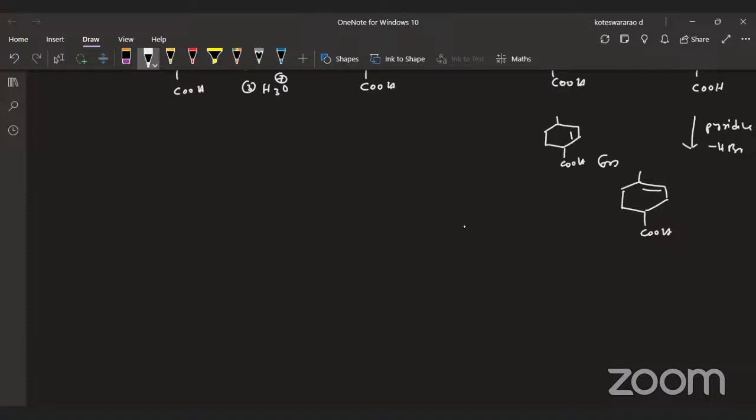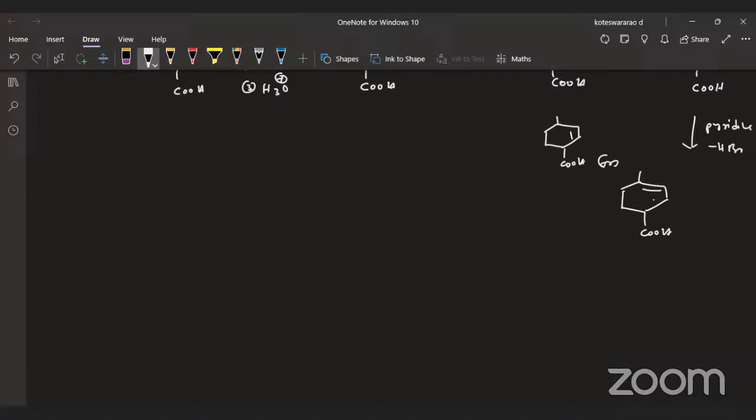But according to the Saytzeff rule and the Hofmann rule, according to the Saytzeff rule, the more substituted olefin is the more stable. According to the Hofmann rule, the less substituted olefin is formed. This is called orientation of olefins. The Saytzeff rule is more successful than the Hofmann. That is the reason the Saytzeff product is more stable than this Hofmann product. Okay. Then this is the major product.